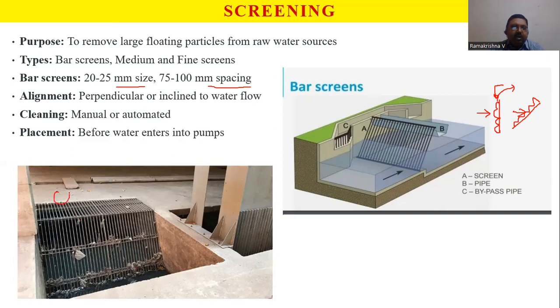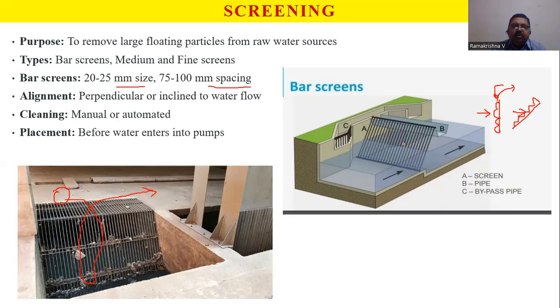Somebody can stand over here and use some mechanism to wipe off all these things and put the screenings into a pit, the collection point. If you are not doing this, it will create an obstruction in the pumping of the water.